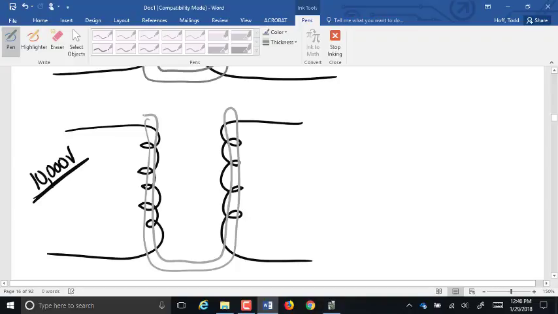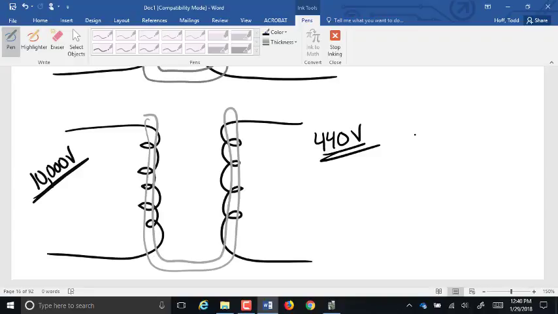Are you aware? 440, 480, depending on how you rate it. Industrial, this is a 440 volt system. 480, yeah. We'll rate it as 480. It's just like 110. Is it 110 or is it 120? How are they discussing it? We'll put it down as 480 for you.